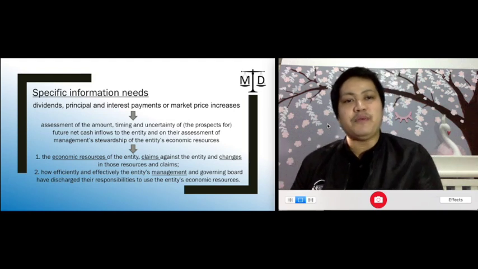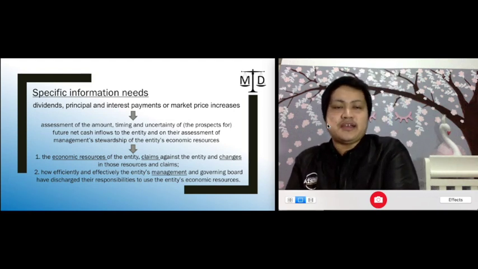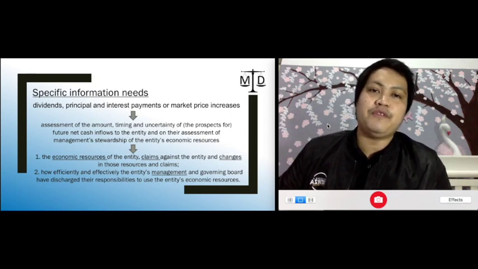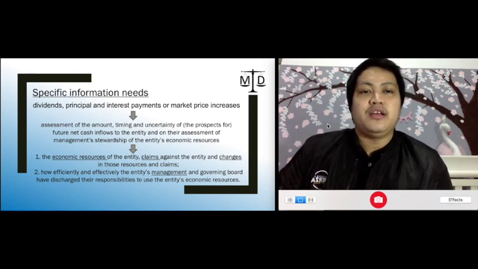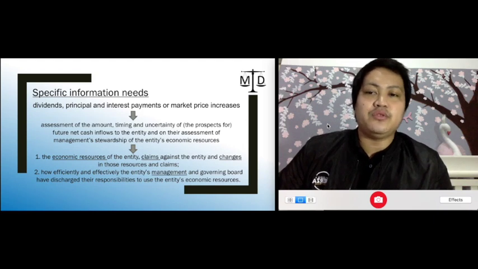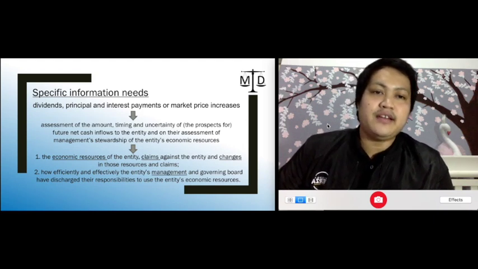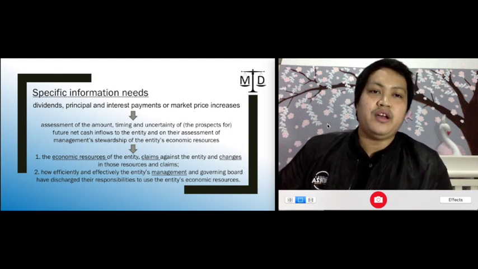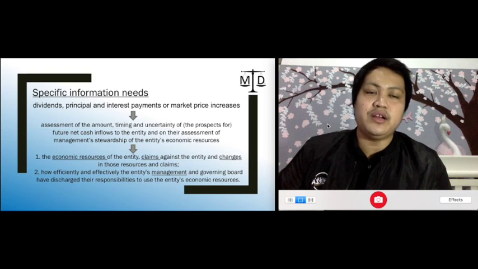But aside from information about the resources and the claims against the entity, an important piece of information that will be provided in our financial reports would be information about the changes in those resources and claims. Of course, we expect a company to grow, and if we say a company grows, we expect that its assets or its resources will grow.